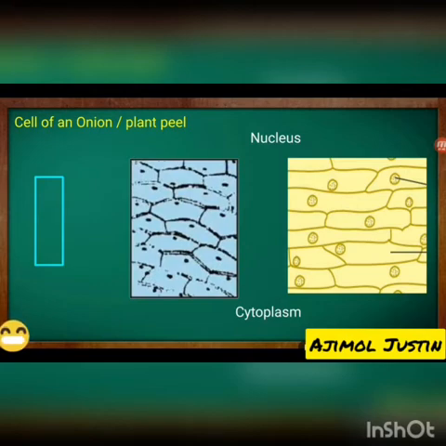You can see a black dot at the center. This is called the nucleus. And the larger part is called the cytoplasm, which is a jelly-like structure.